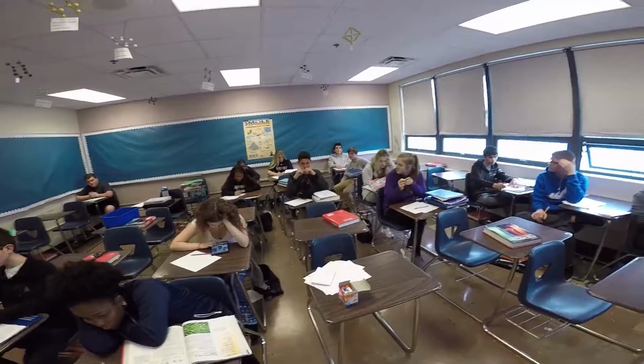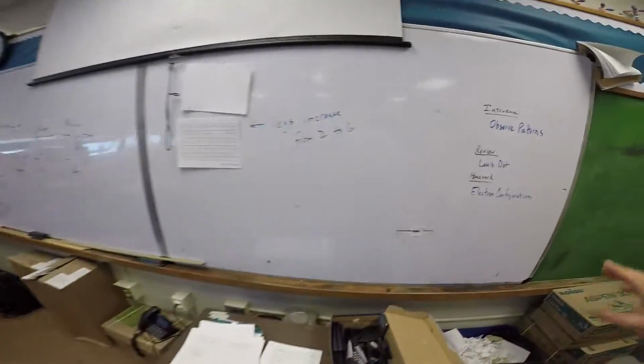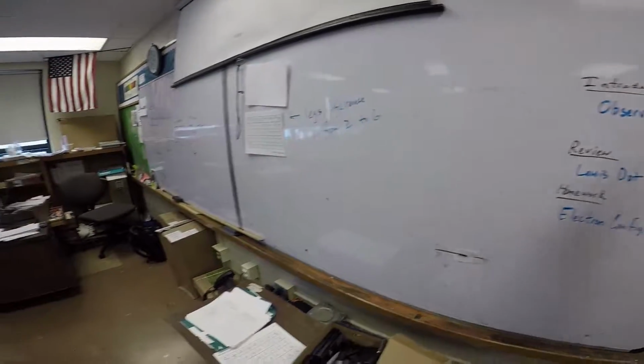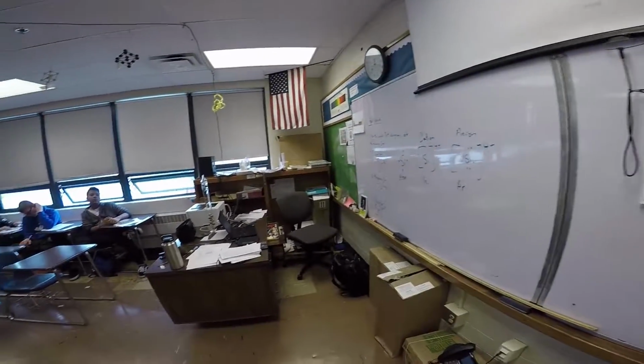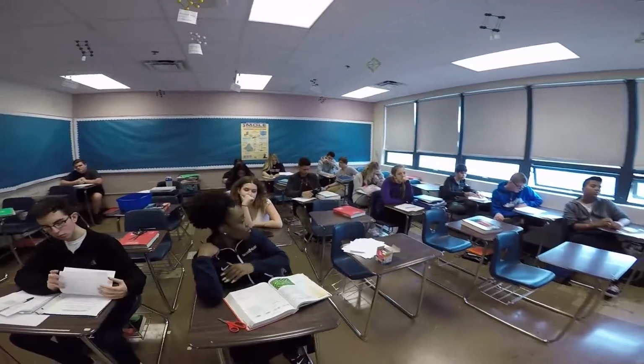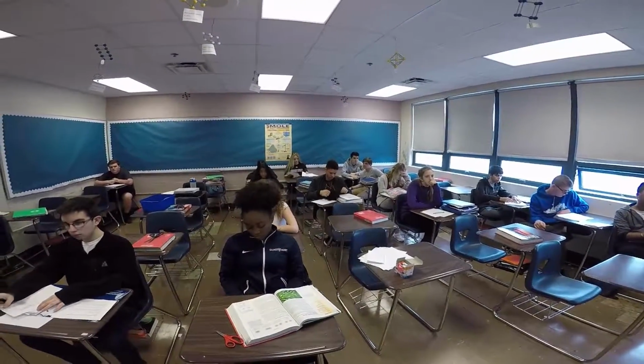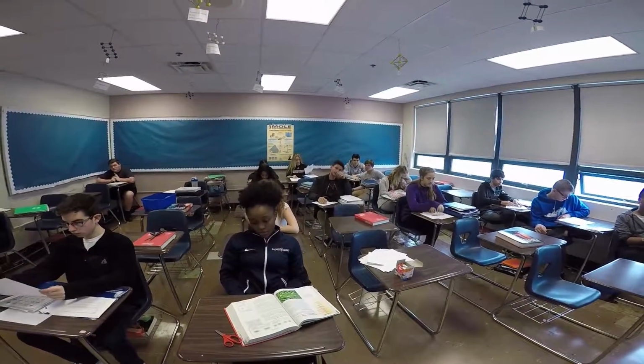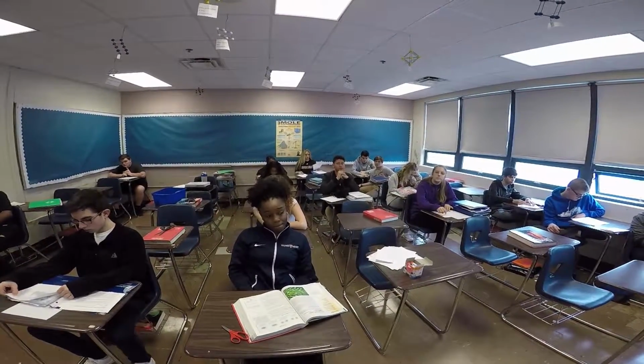To be a good scientist, you really have to be a good observer. They really go hand in hand. So today we're trying to observe patterns from this alien sheet that we got from the American Chemistry Association. If you can observe patterns really well, that makes you a good scientist.